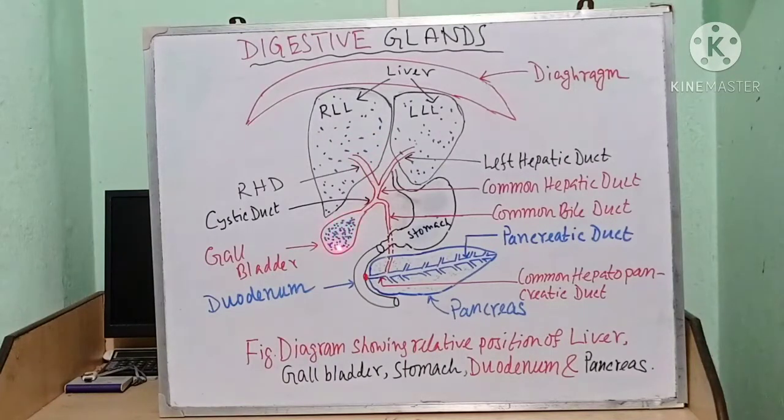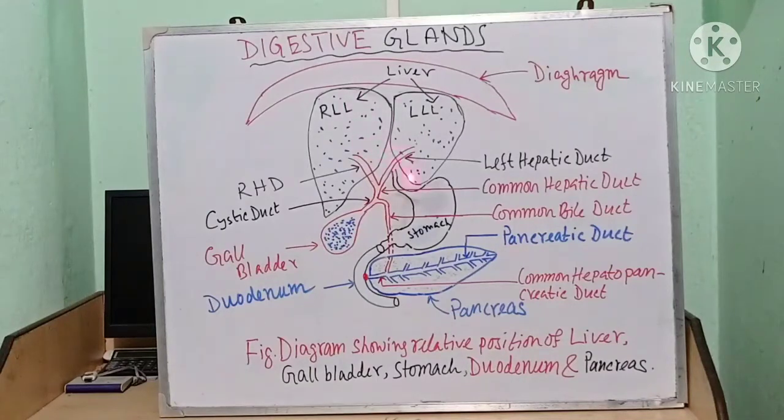This is the gallbladder. So, bile is produced here. And after formation, bile is stored in the gallbladder. How? Look here.